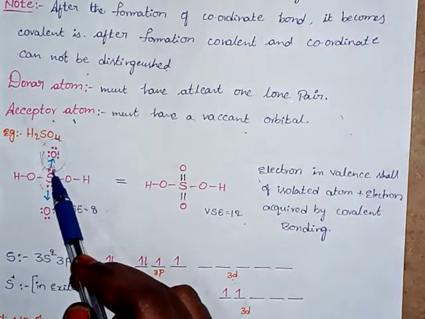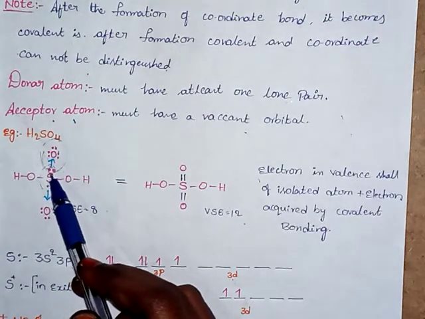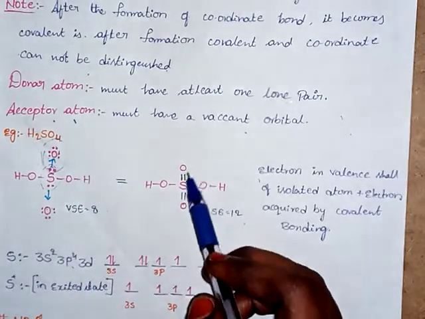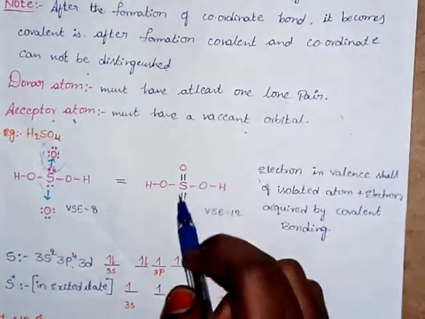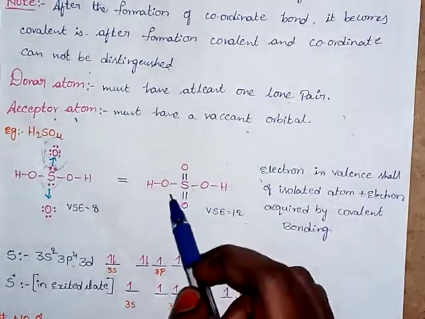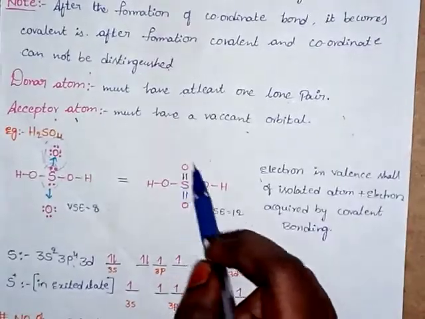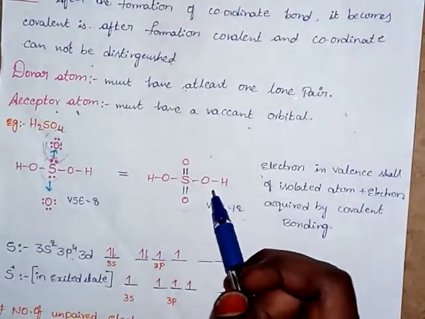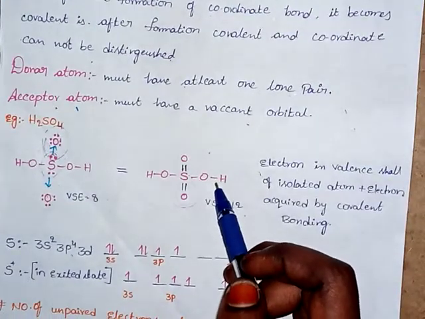Then a bond forms, that is a coordinate bond. After formation of the coordinate bond, it becomes a covalent bond, right? Here a double bond will form. So this is a way to understand oxygen following the octet rule and forming two bonds, right?